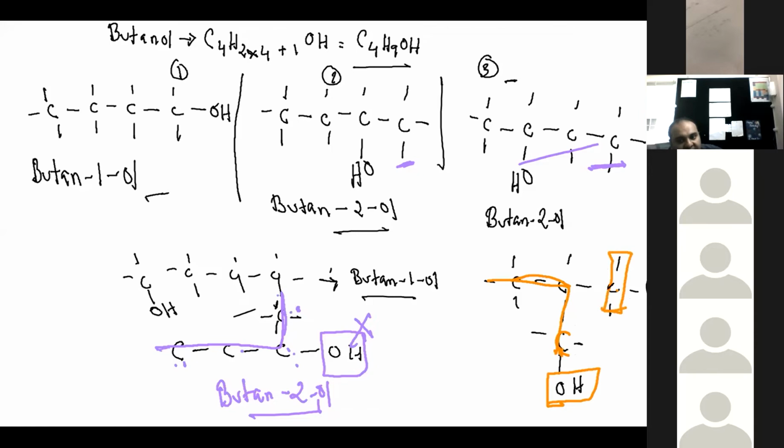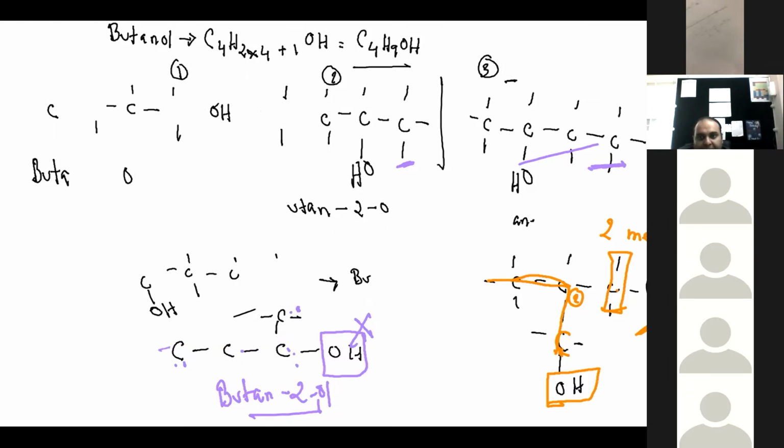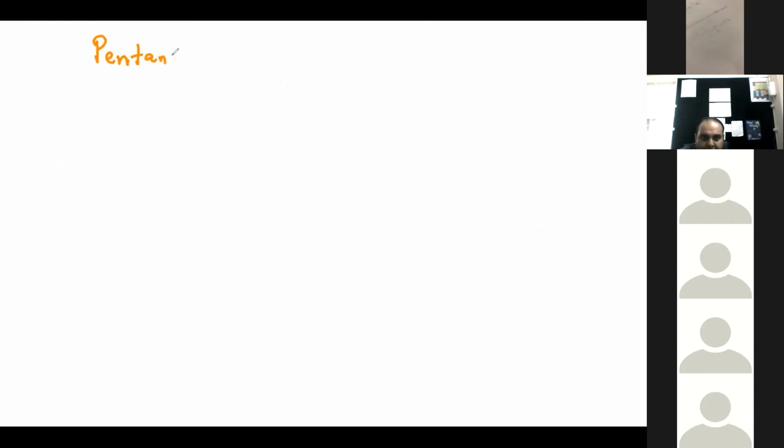And where is this side chain bonded to? The second carbon. So the name will be 2-methylpropanol. 2-methylpropanol. Okay.